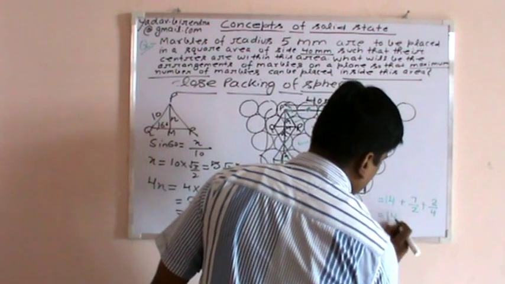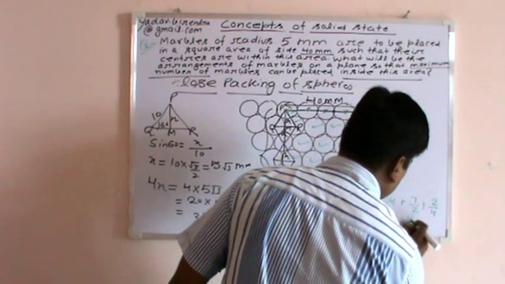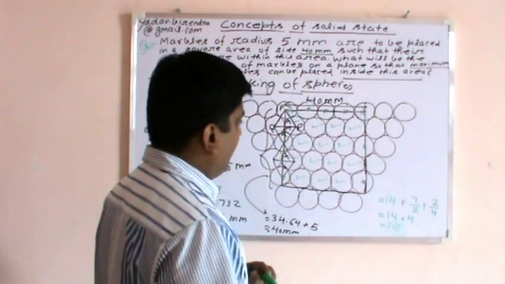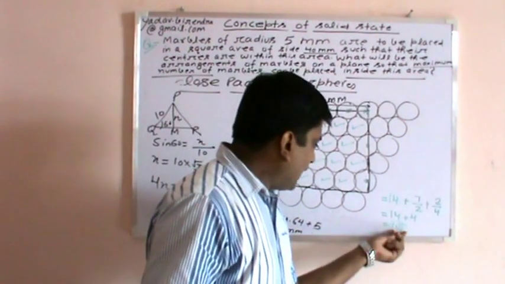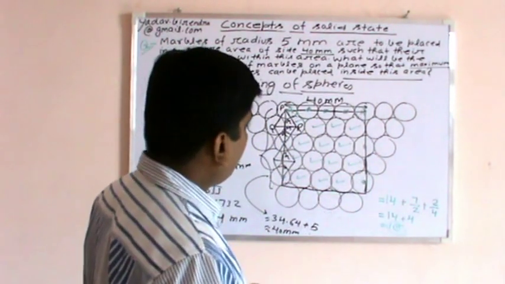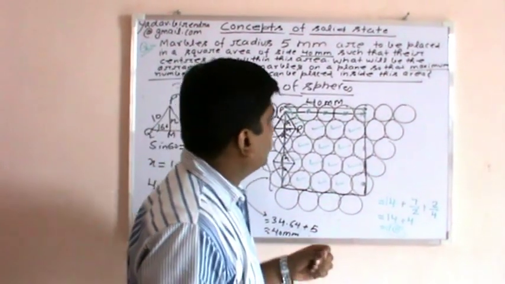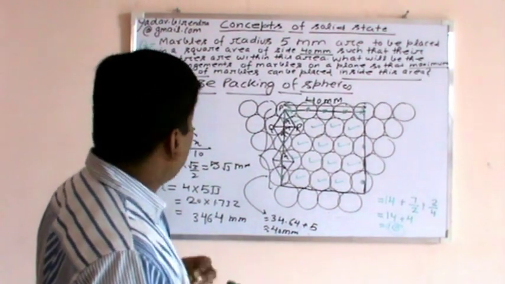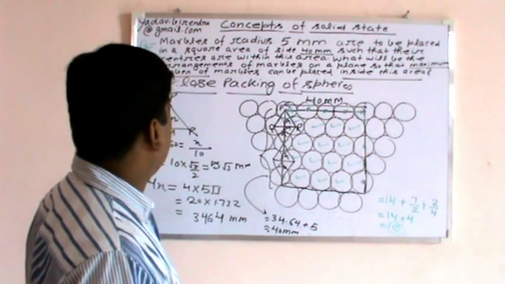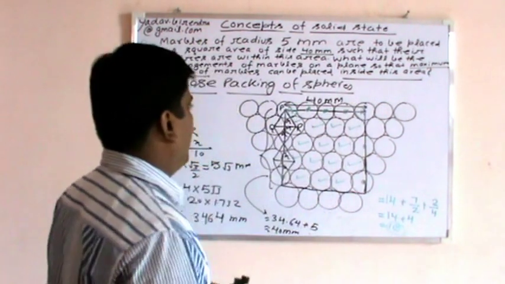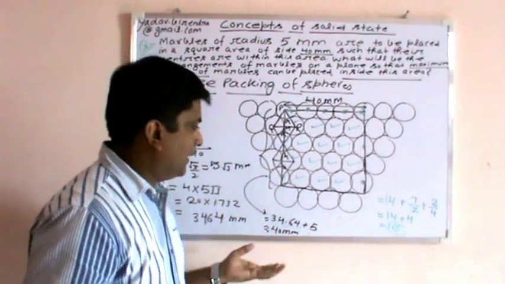In this way I get 14 plus, and here I get 4, so 18. So I can say 18 spheres can be placed within this area. So to get the maximum number of marbles, we need to pack spheres closely on a plane. So this is the correct way.